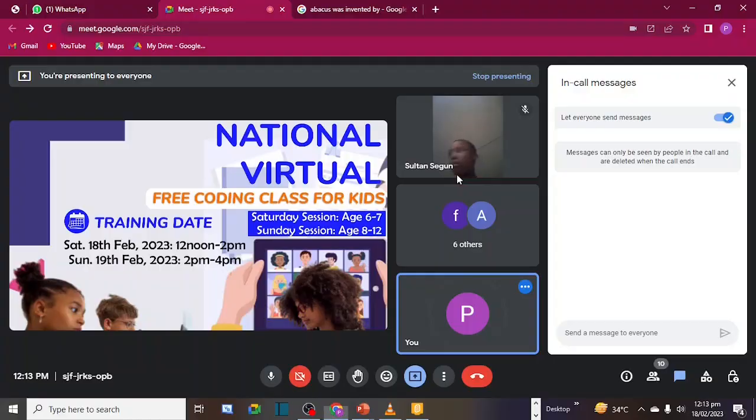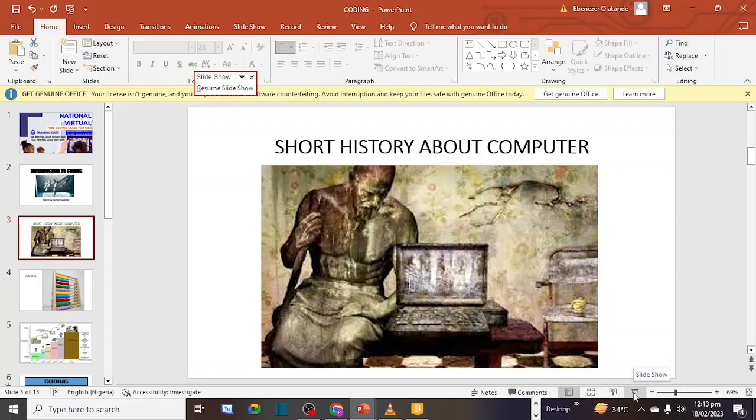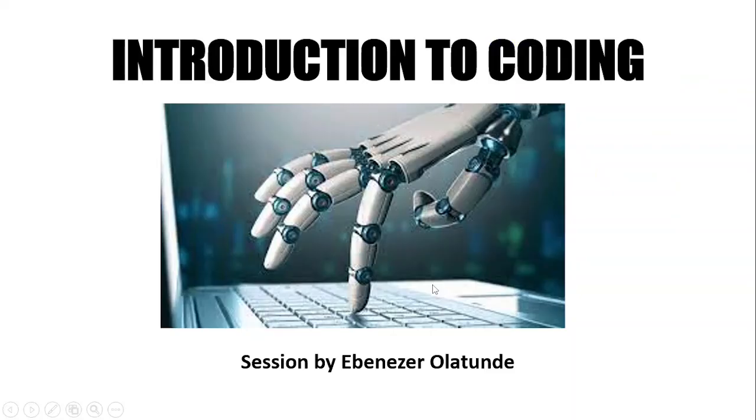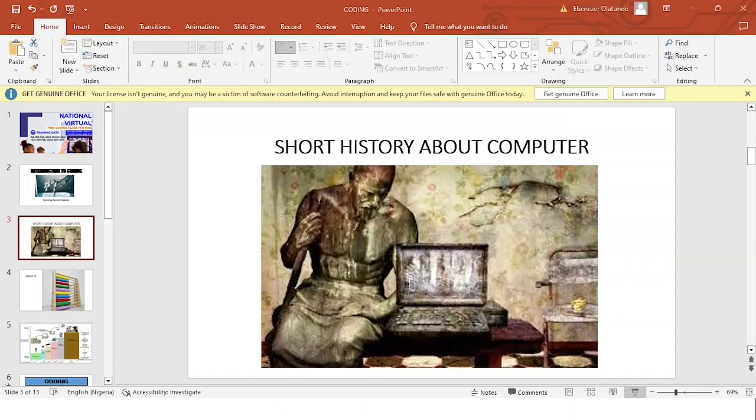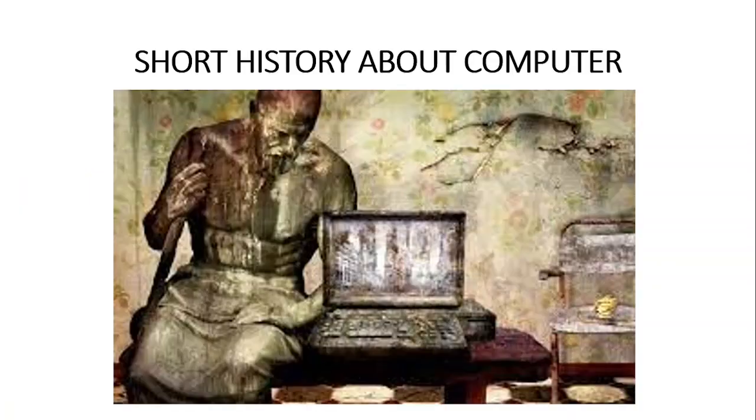At this point, can you see my slide? Okay. So I was talking about a brief on how the computer came about before coding became very important for us as children.